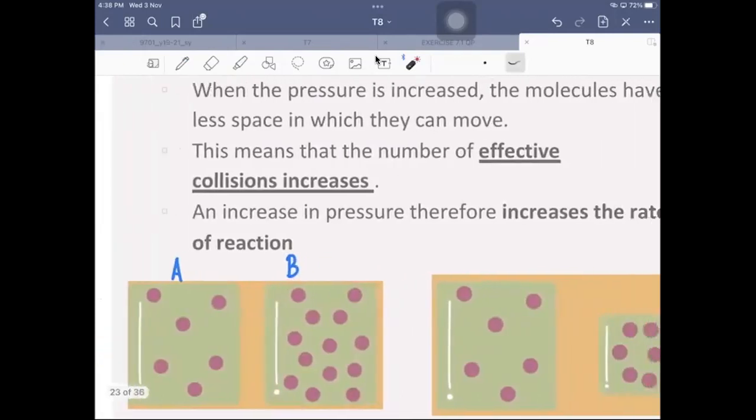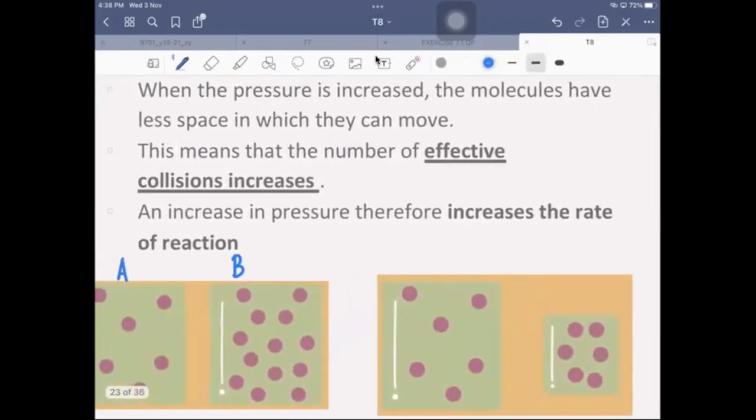All right. There is another scenario where you can increase your pressure by keeping the number of molecules the same. You have 1, 2, 3, 4, 5, 6. Six on both sides. So they have the same number of molecules, but this time you reduce the volume. You make the container smaller. And between C and D, D has a higher pressure. Between A and B, B has a higher pressure.